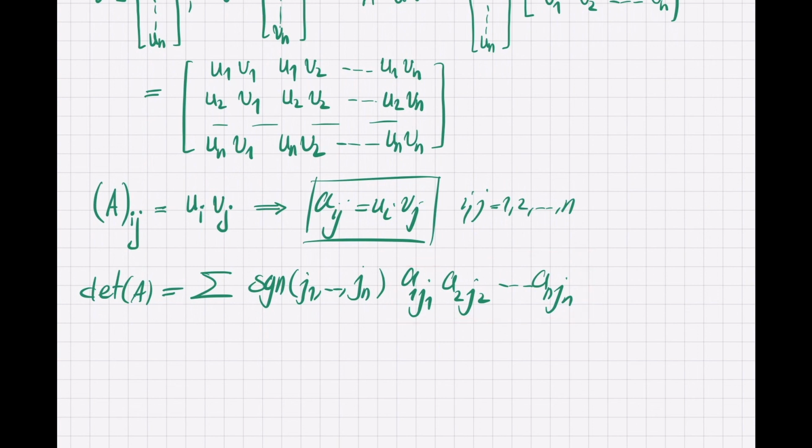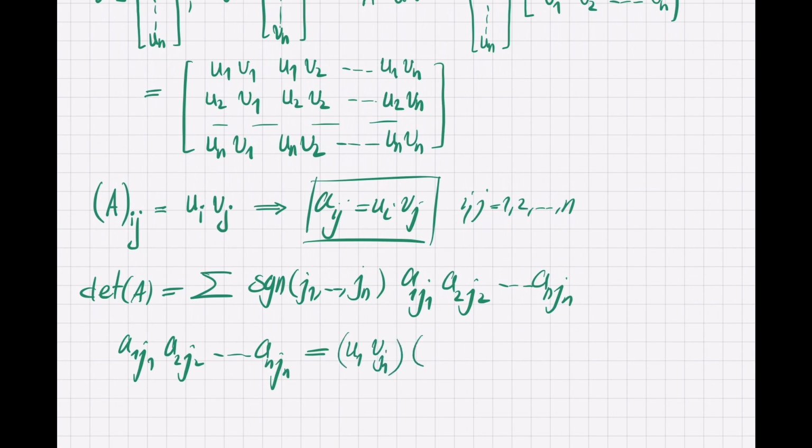So what happens? a1j1, a2j2 up to anjn is equal to, instead of a1j1, I can use this. You see, a_ij is equal to ui times vj. So it means that a1j1 is u1 v_j1.